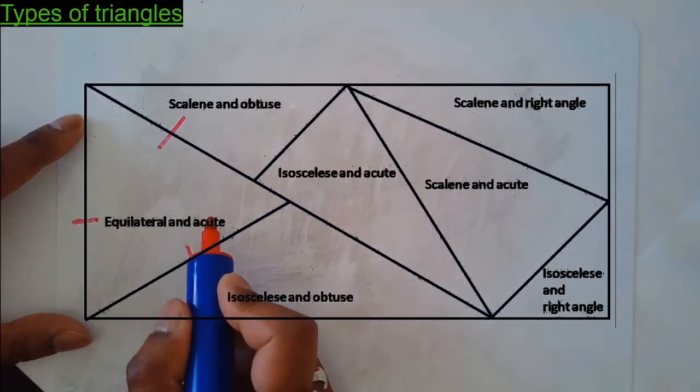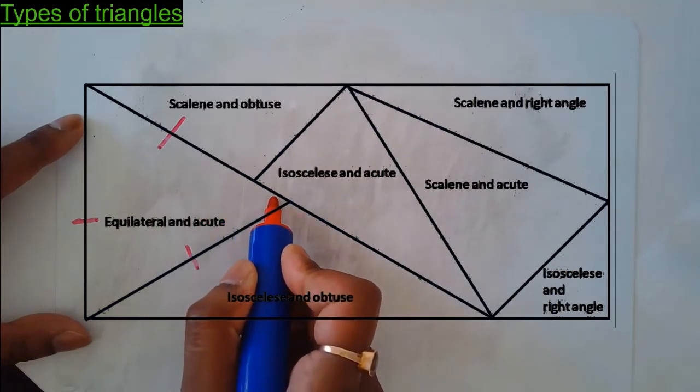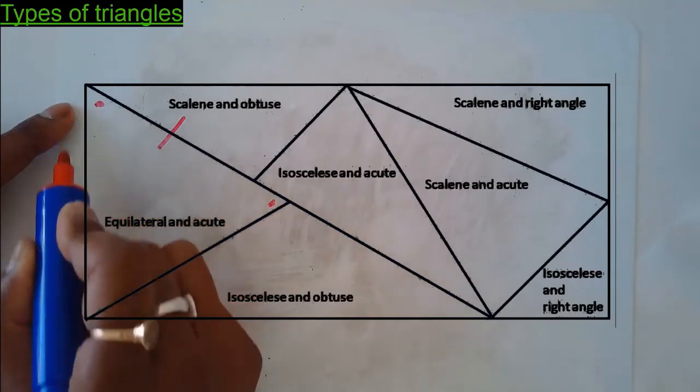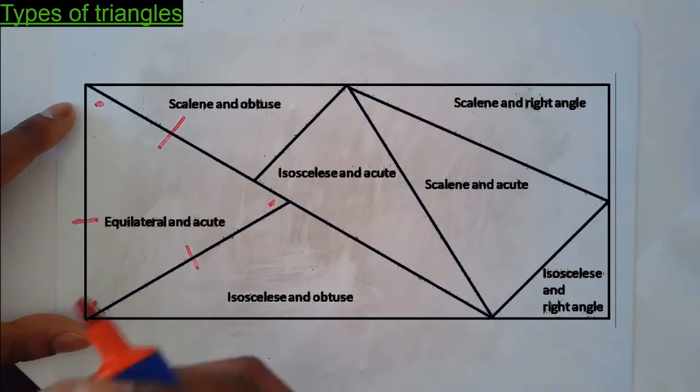And it's acute because all these angles here, this one over here and one over here, are all less than 90 degrees. That's why it's an equilateral acute triangle.